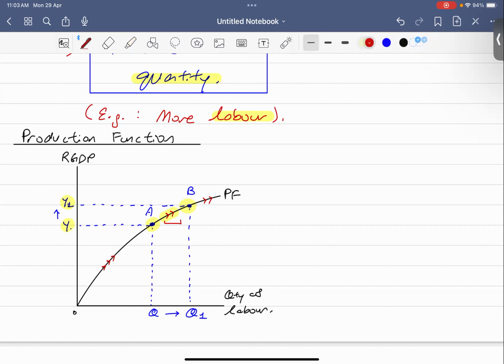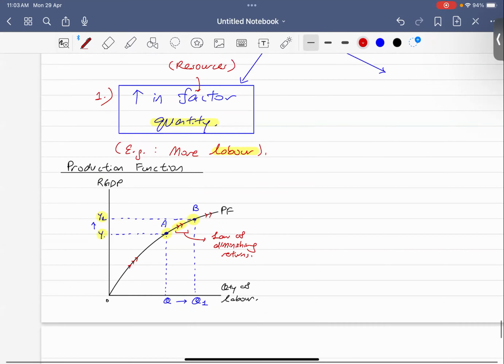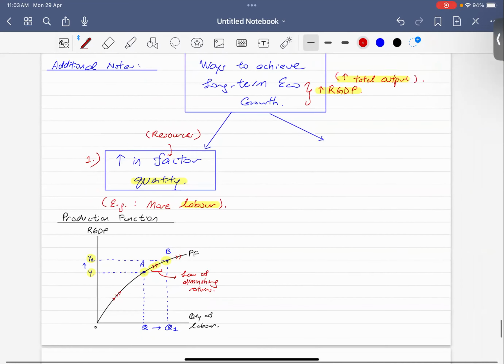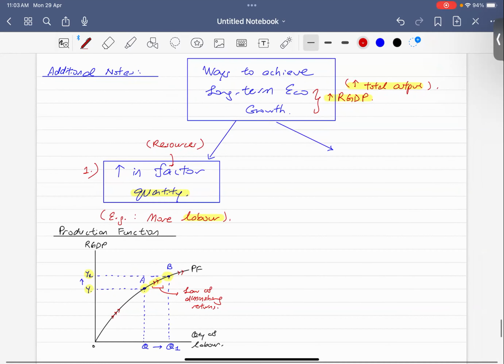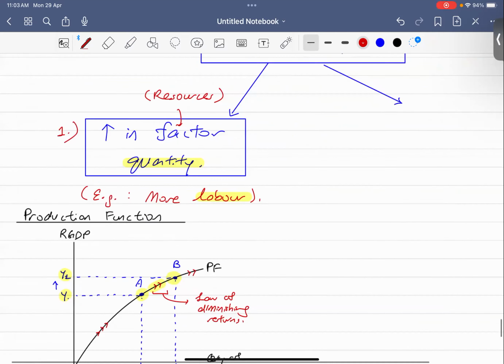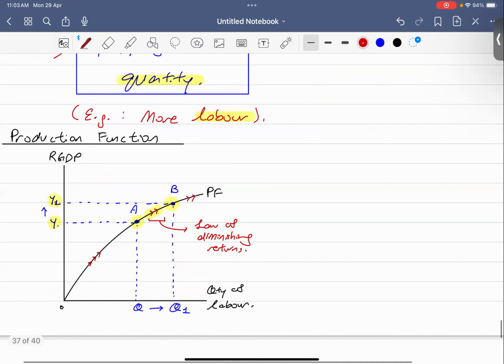So if you use this method to increase your economic growth, the drawback is that there will be a lot of diminishing returns, so the increase of real GDP will slow down.